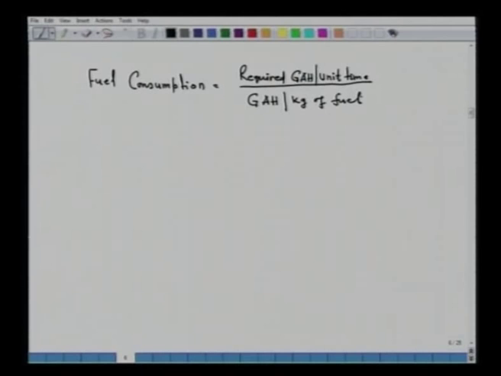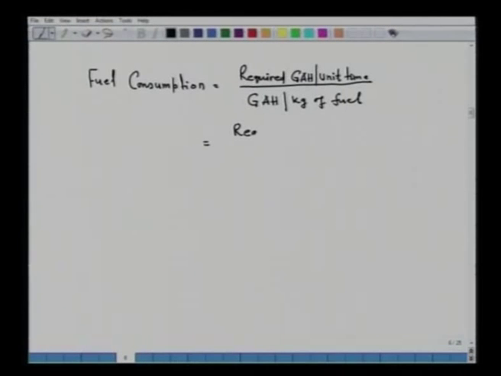So, that will give us the fuel consumption. This is further equal to the required gross available heat per unit time upon gross available heat per kg of fuel, which can be calculated from the calorific value of fuel.